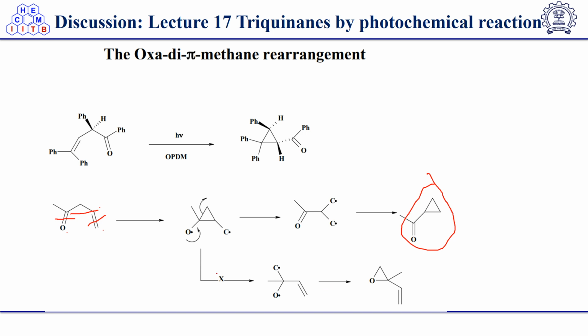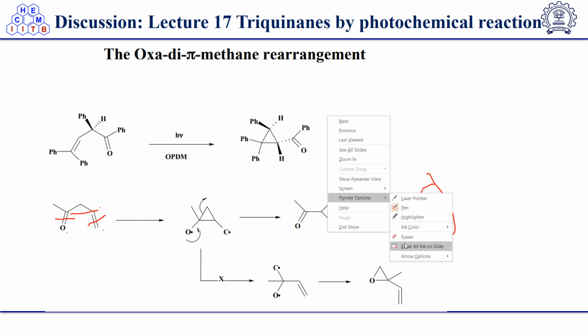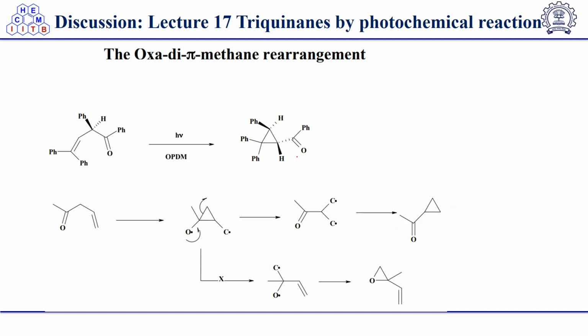Another possibility is that after breaking of this bond, these two will combine to give the corresponding alkene here, and then these two will combine to give the corresponding epoxide ring. So this is the mechanism for the oxa-di-pi-methane rearrangement, which is a photochemical reaction to convert alkenes into cyclopropane rings.